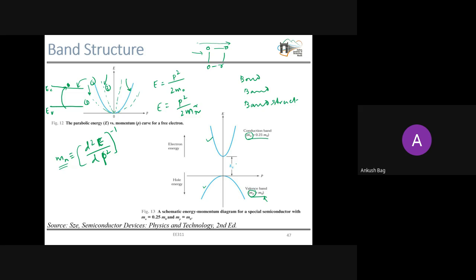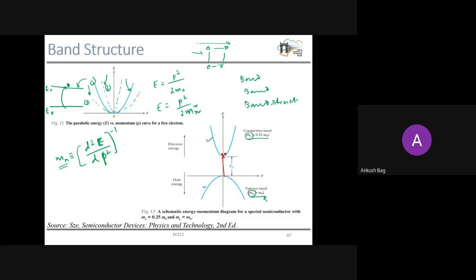So the electrons, which sit here after getting excited from the valence band, will have lower mass because they have a narrower band structure. But the holes will be heavier, because you can see the effective mass of hole is higher than that of electron: the effective mass of electron is 1/4 of the free electron mass, whereas the hole mass is equal to the free electron mass.